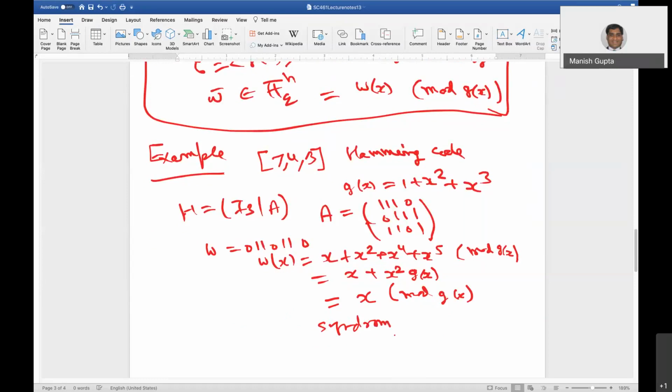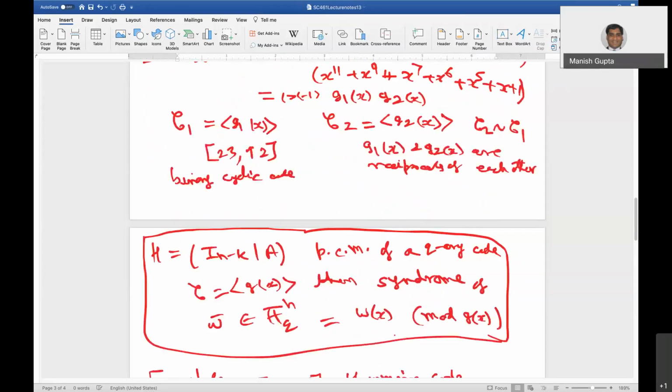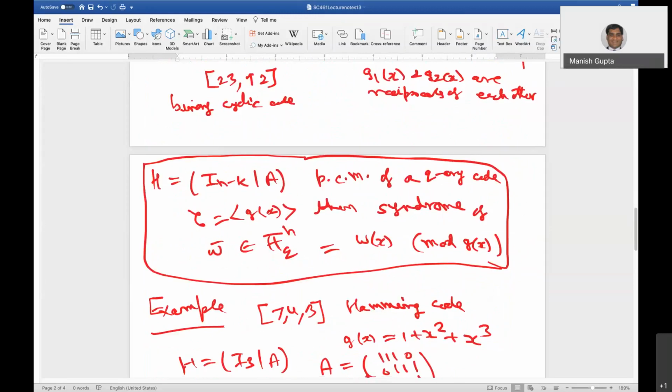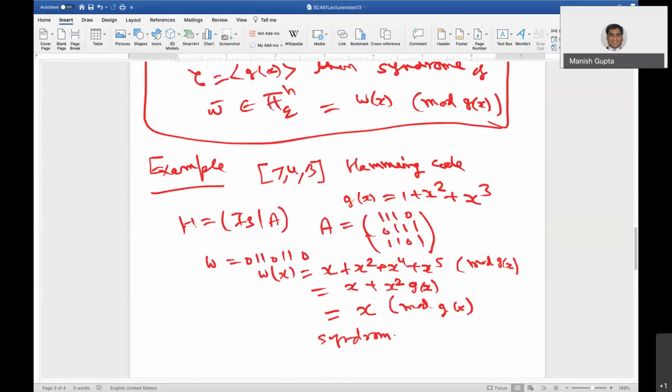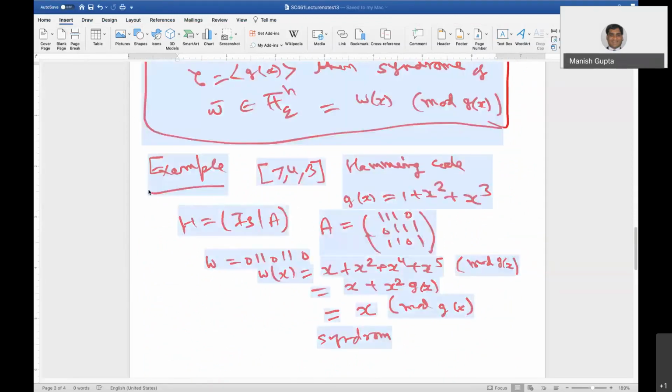Okay, so we can compute the syndrome directly by computing the reduction of w(x) modulo g(x). So finally I would like to show you some nice standards that are currently used.